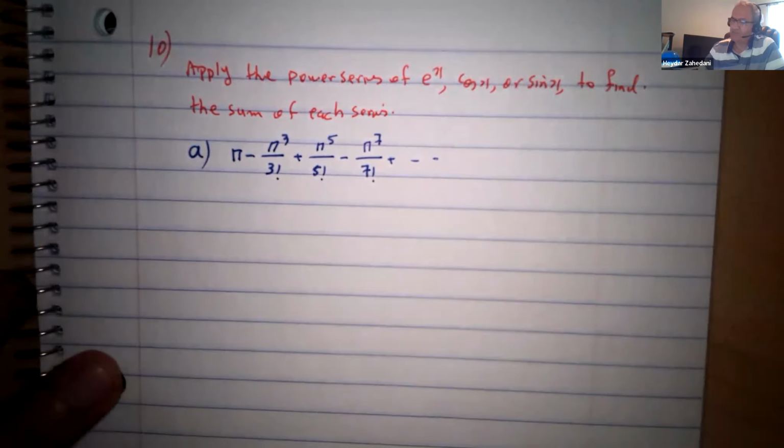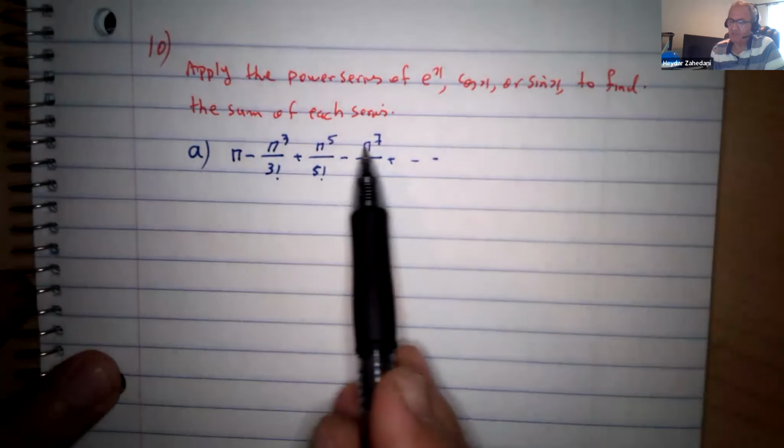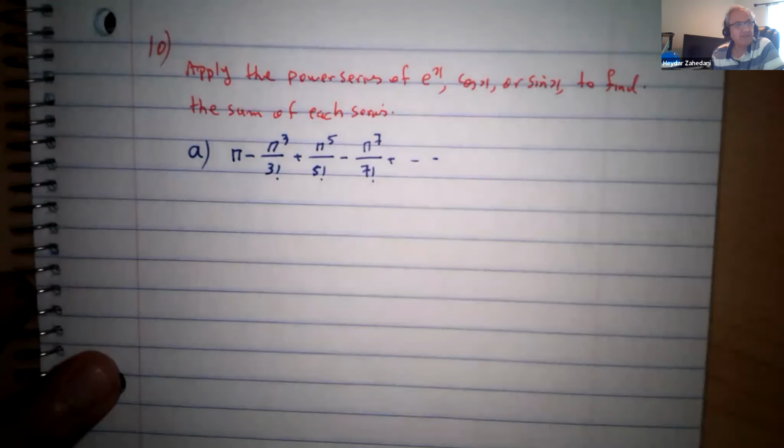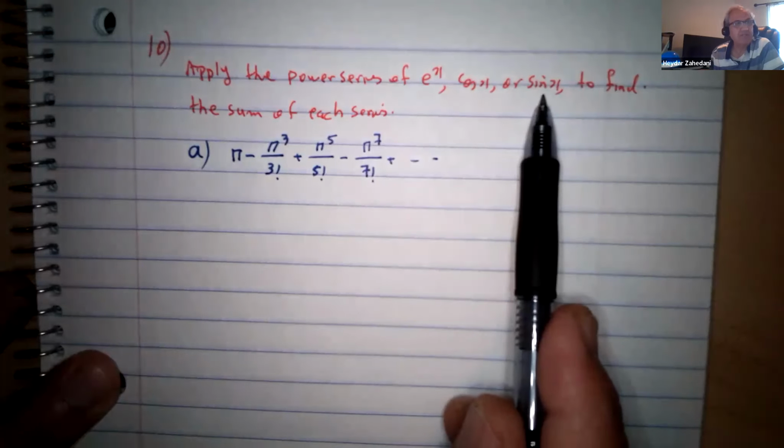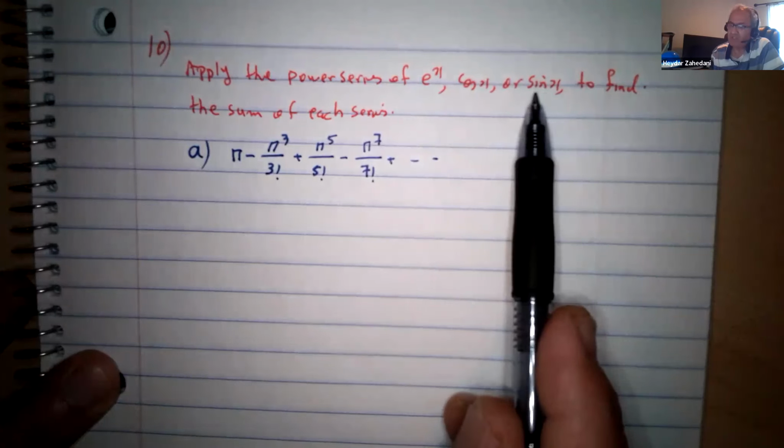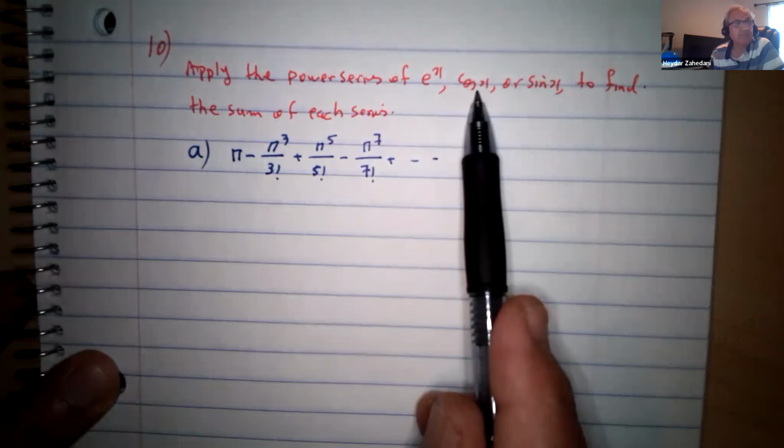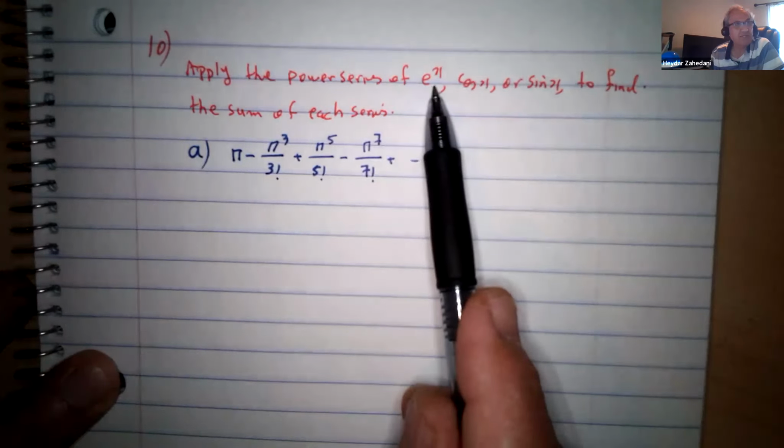If you want to do this one, you look at the powers here. The powers are odd. You get the odd powers when you write the power series of the sine, you get the even powers for the power series of the cosine, and you get any power when it's e to the x.